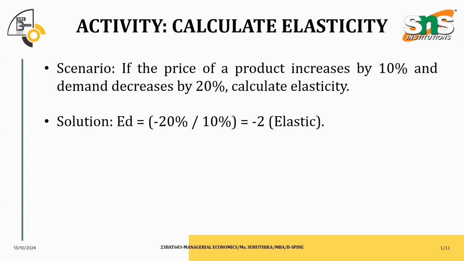So it's 20% by 10%, which is 2, which means the demand here is elastic. I hope this problem has given you an understanding of how to calculate elasticity of demand with variations in demand and pricing.